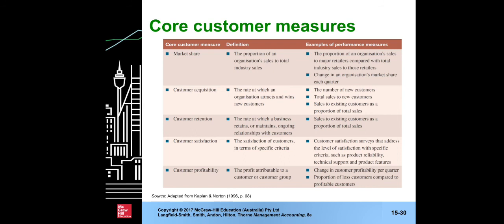So this is an example of how to calculate customer cost. The approach used is the activity-based approach. You can see here there are three levels of activities: order level, customer level, and market level activities.